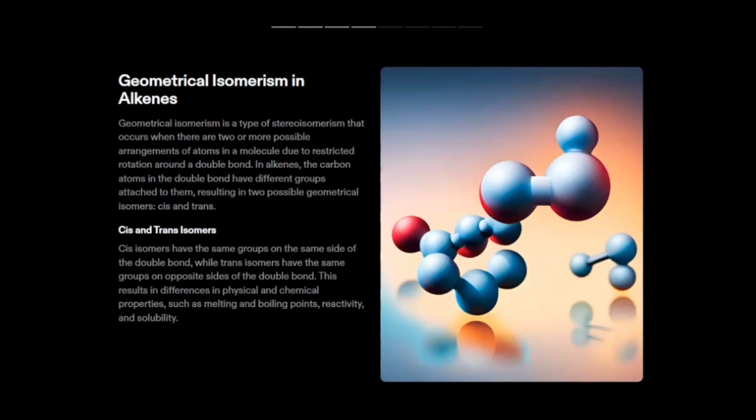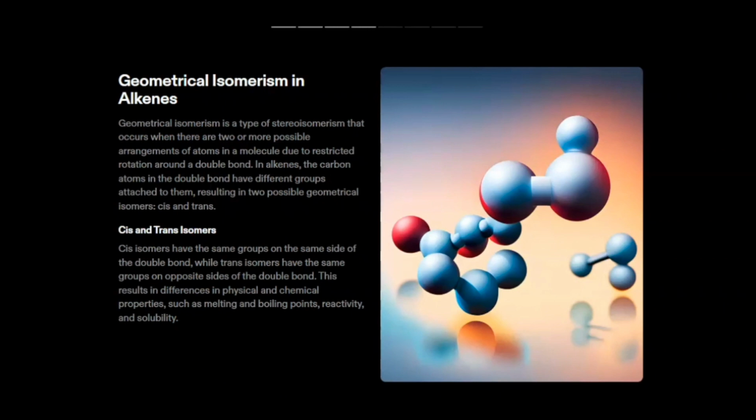In alkenes, the carbon atoms in the double bond have different groups attached to them, resulting in two possible geometrical isomers, that is cis and trans. In conclusion, geometrical isomerism in alkenes means cis and trans isomers.